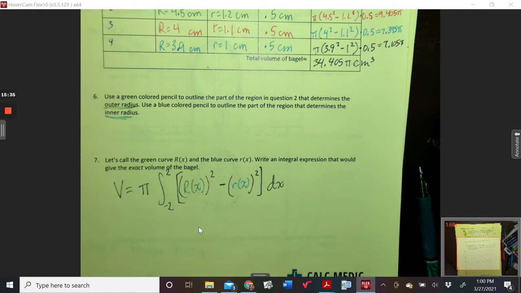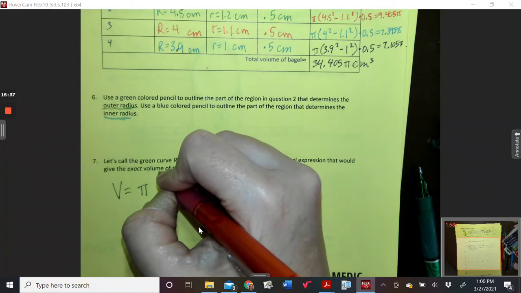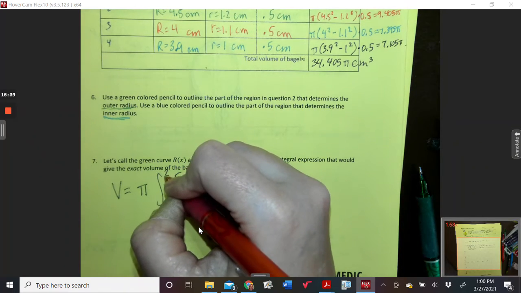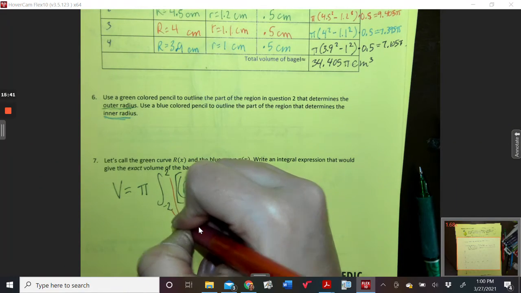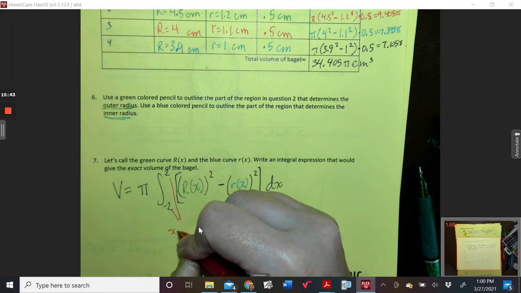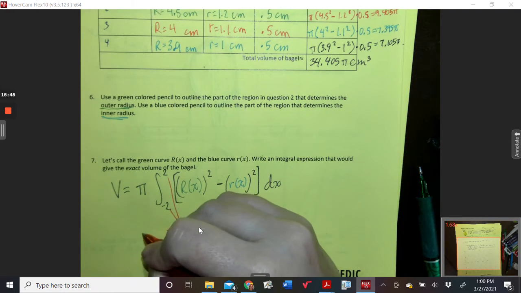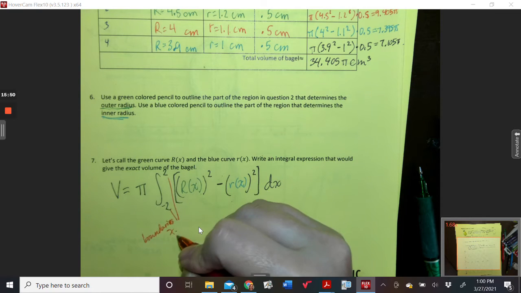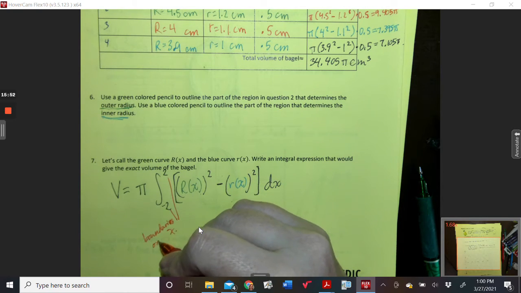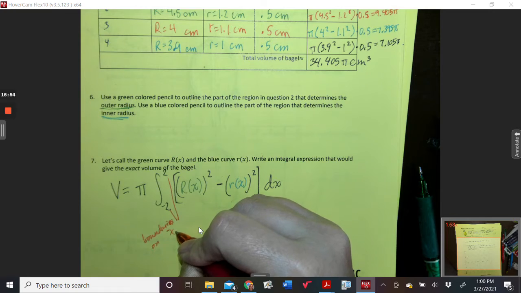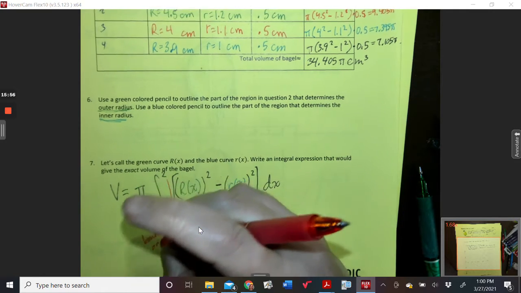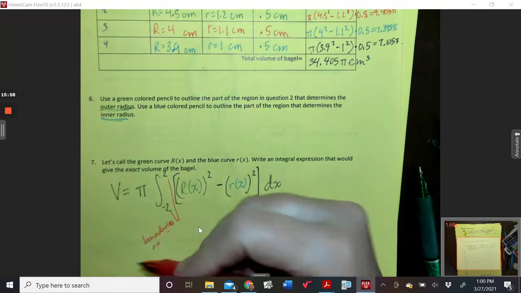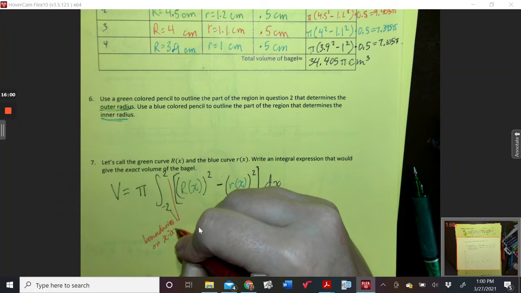Where these are the boundaries on x. The left and right.